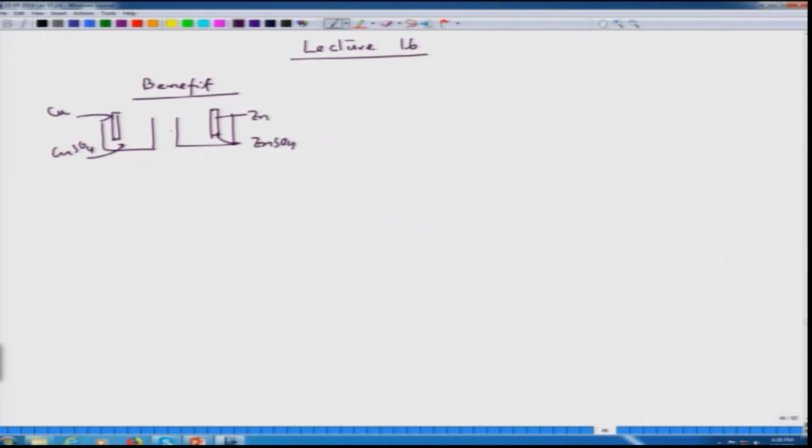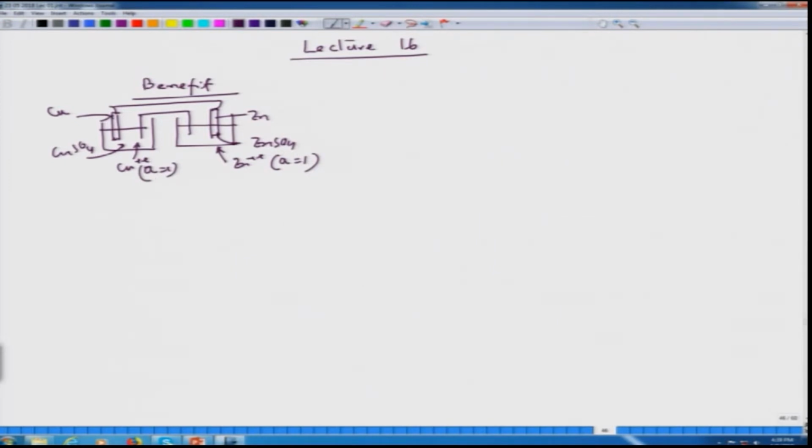In both the cases, now if we connect them with a salt bridge, since this solution contains copper ions, and here it contains zinc ions, and if the activity is 1 here and 1 here, then definitely we can achieve standard reduction potential.